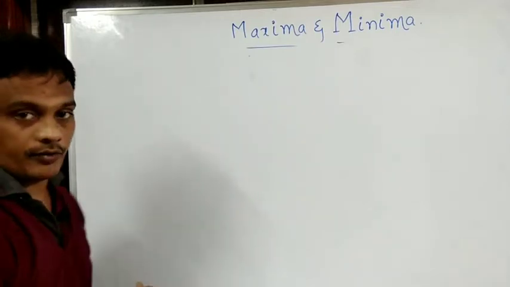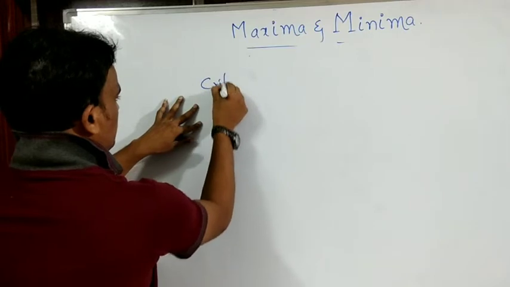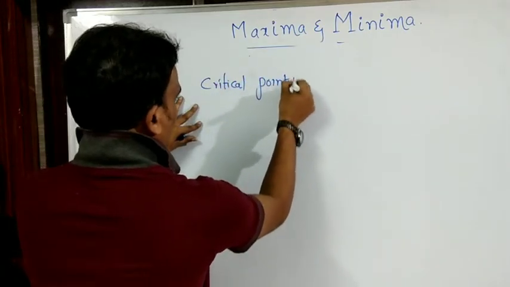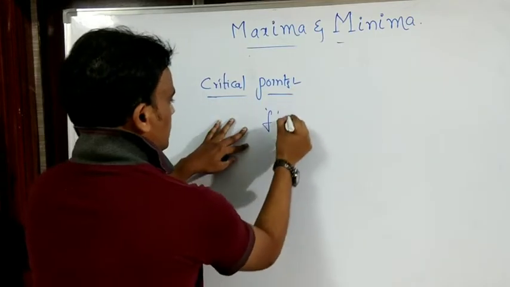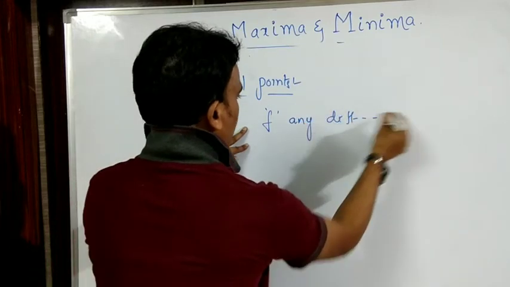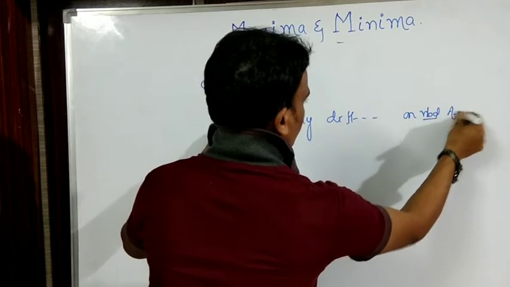And one more definition is critical points. What is that? Critical points. Similarly, f is any differentiable function on the neighborhood of a.